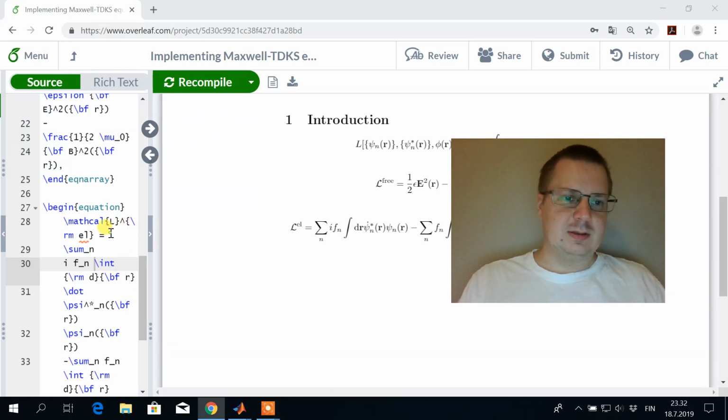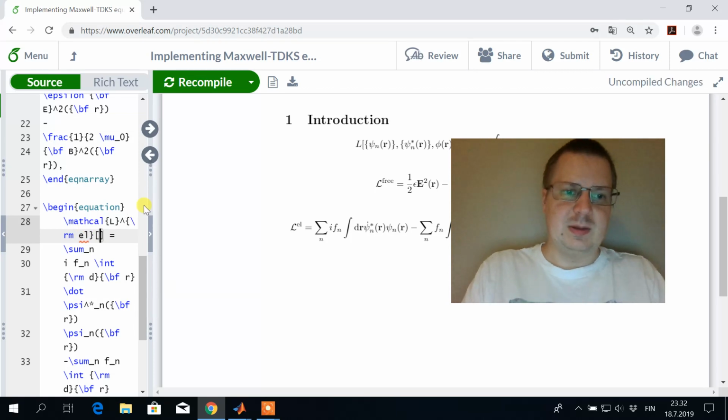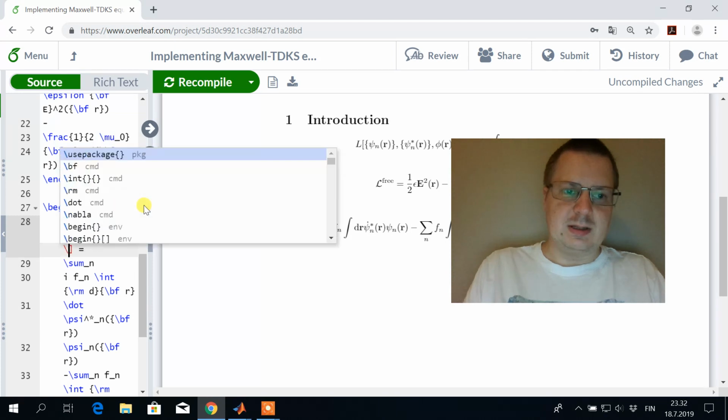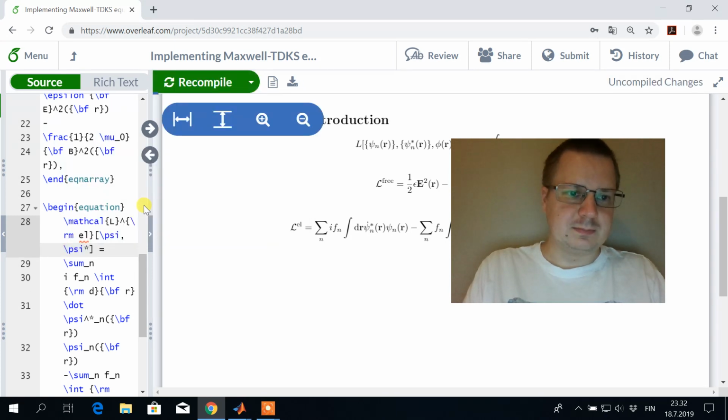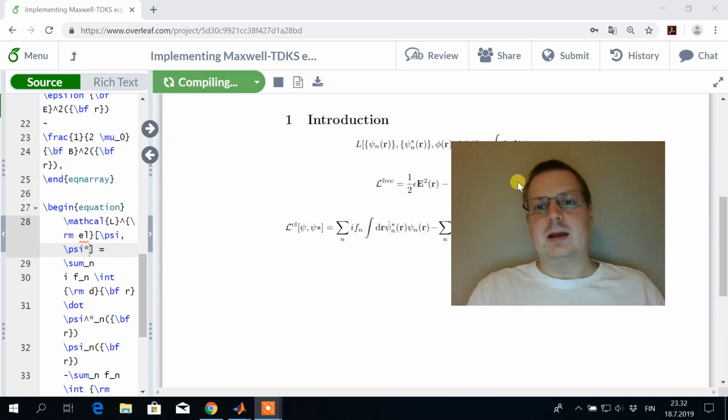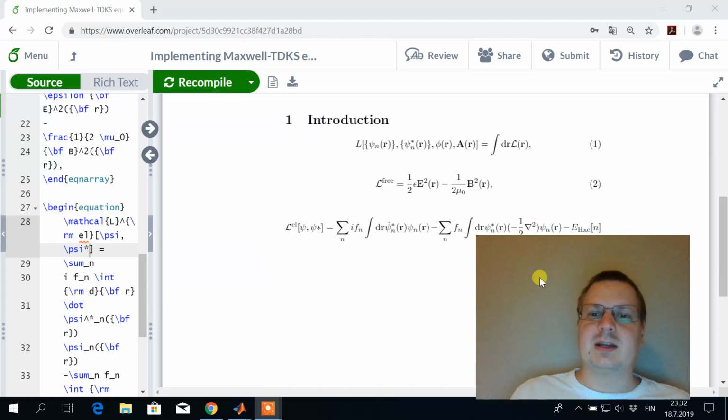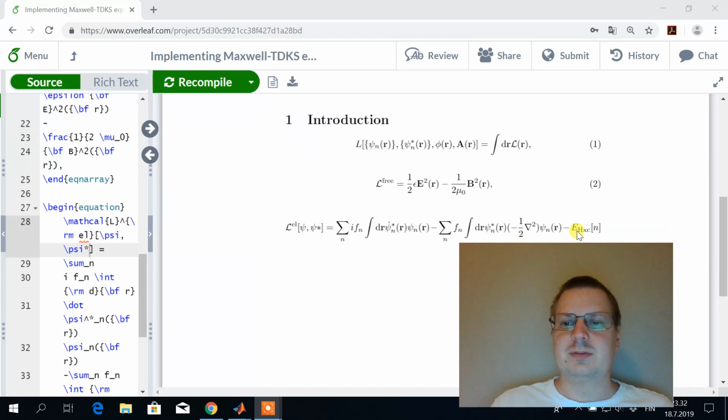So the Lagrangian L now depends on phi, psi, and psi star. And now we have to be extremely careful not to double count. There will be E_HXC, where H stands for the Hartree potential, and the electrostatic potential will also be represented in the Maxwell equations, so we do not want to double count that.